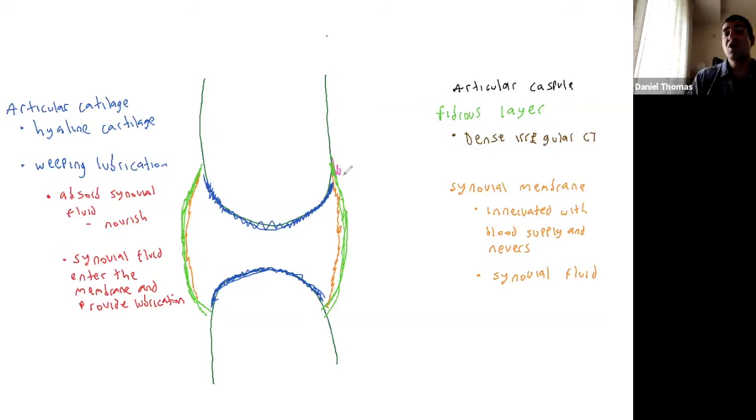So these are strong bands of tissue that connect two bones. Ligaments connect bone to bone, and their main job is to provide strength and stability. These ligaments are not designed to move. Usually, if they move, it means that there's going to be a tear, a compromise of some sort.